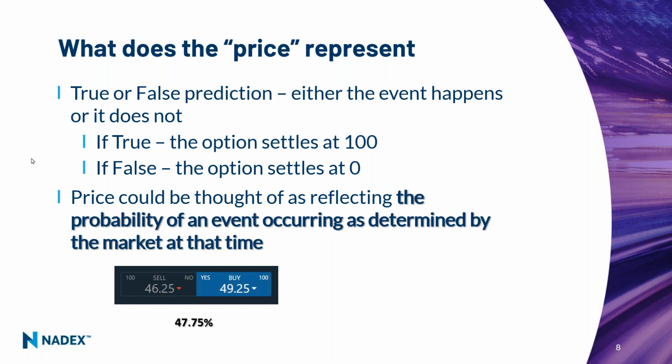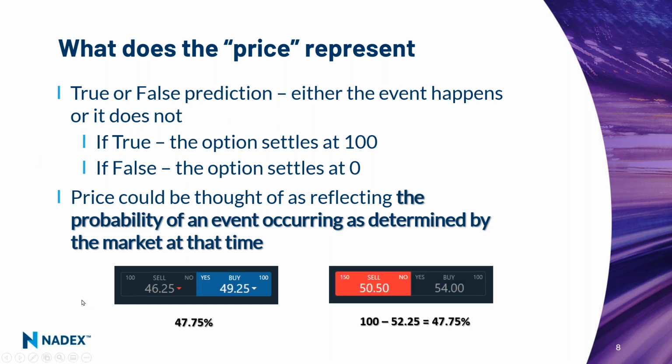Now, you can also sell binary options. Let's say we were looking at a different binary option. All right, and here the market, it's trading above 50. It's 50.5 at 54 even. Now, if I look at the middle, it's 52.25. Now, just for argument's sake, if I were trying to buy this one, if I bought it, the market is telling me there's a 52.25% chance it would go to 100.